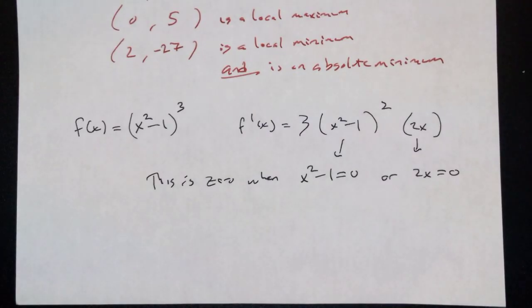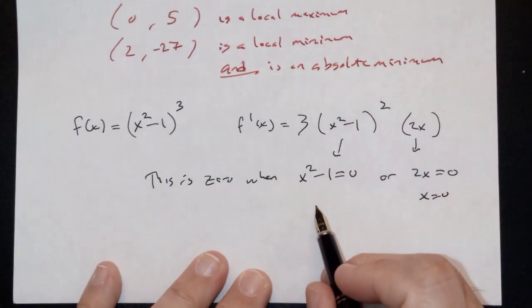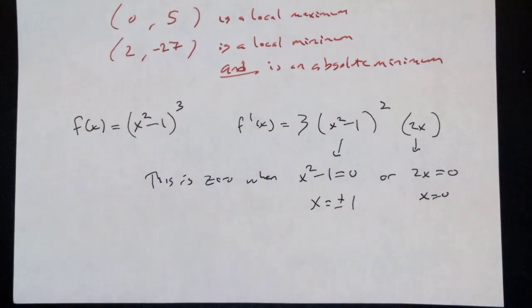I don't worry about the 3 because 3 is not 0. Well, that means here I get x equals 0. What about here? Got to remember to take the square root and get both of them. Build me a sign chart.